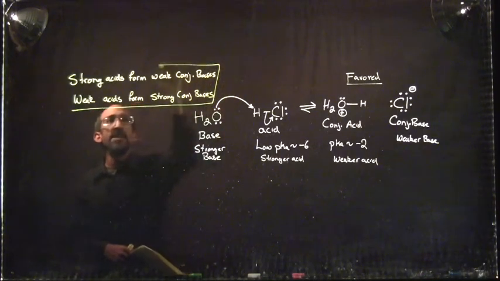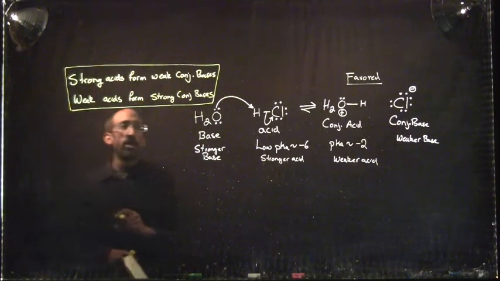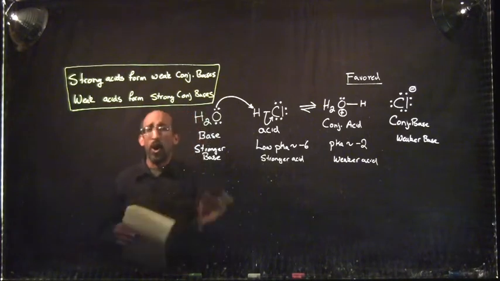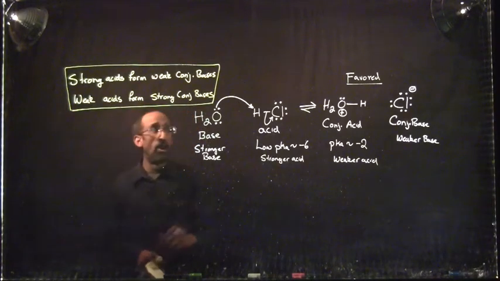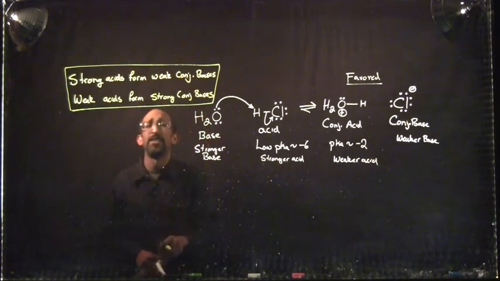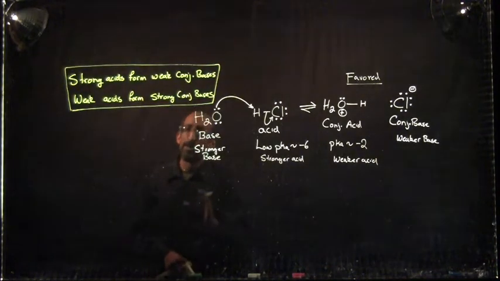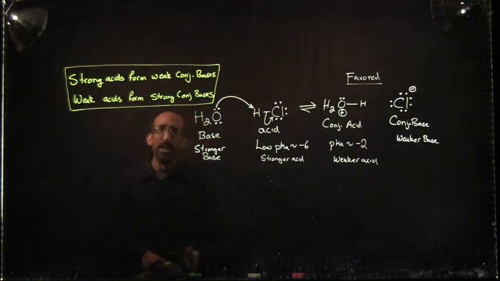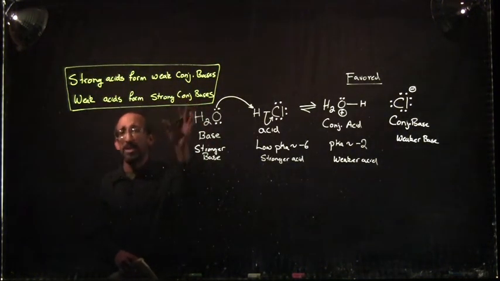Now, this is a fundamental rule that we are going to find to be true for all of our acids and bases that we deal with, or at least our Bronsted Lowry acids and bases that we're going to deal with in Chem 201 and 202. And so this is something that we really need to commit to our memory.